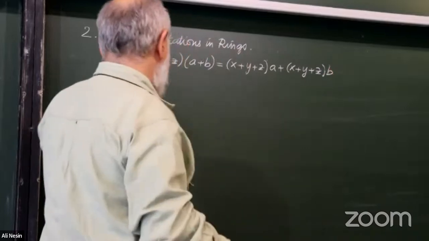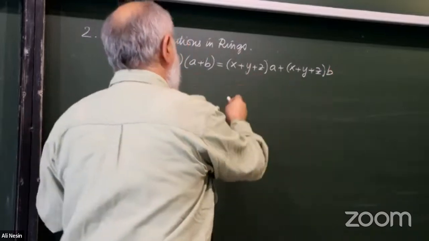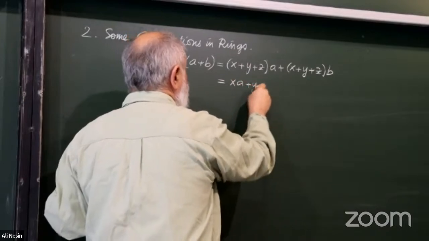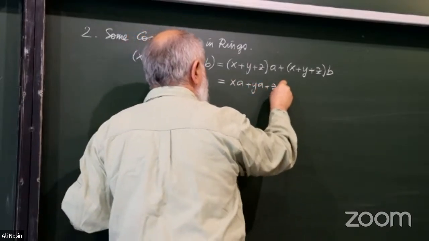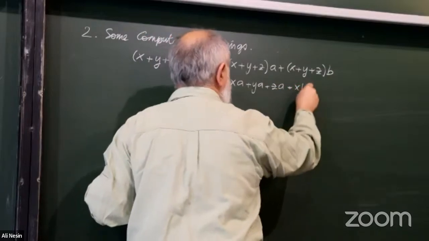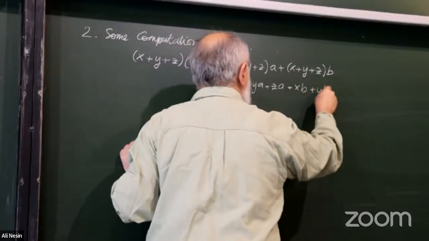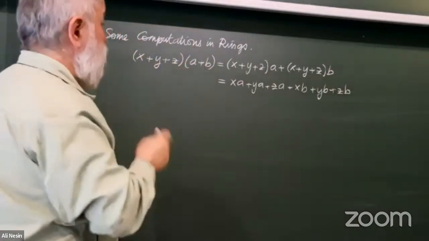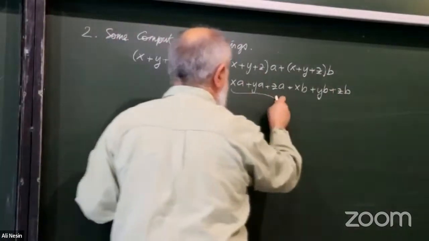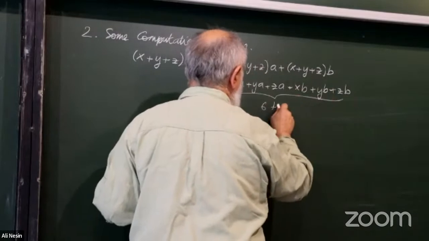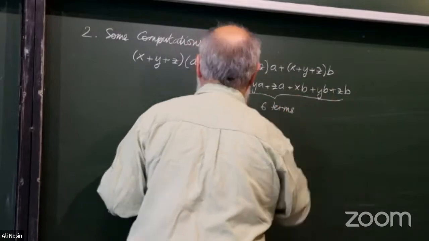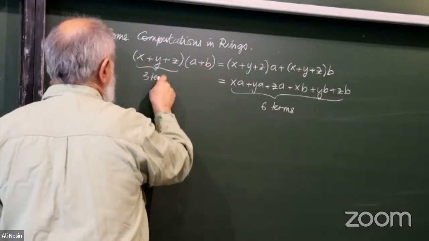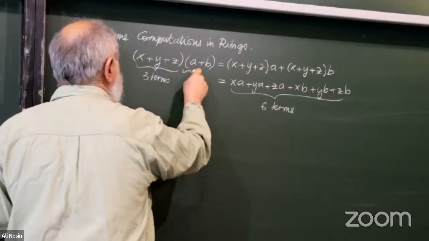So this is distributive from the left, and now from the right: xa plus ya plus za plus xb plus yb plus zb. We'll have 6 terms. Here we have 3 terms. Here we have 2 terms.